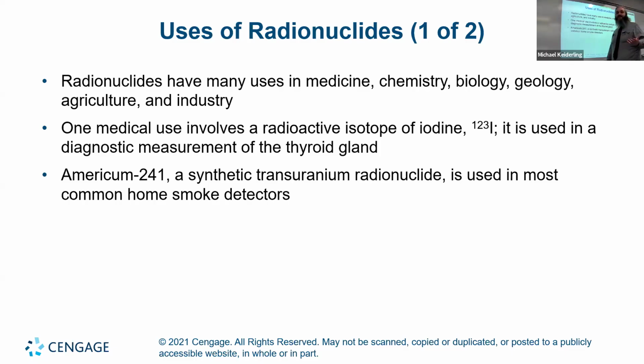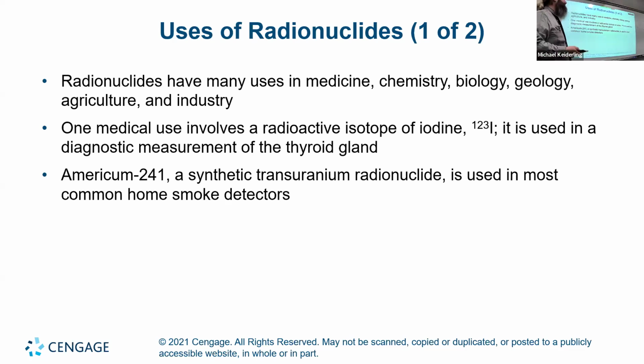Americium-241, which is a synthetic transuranium radionuclide, is used in many common household smoke detectors. It emits radioactivity, which is detected. When smoke enters the smoke detector, it blocks that radioactivity. There's a reduction in the detection signal, which sets off the smoke detector.